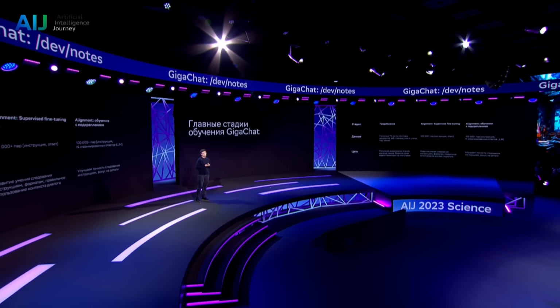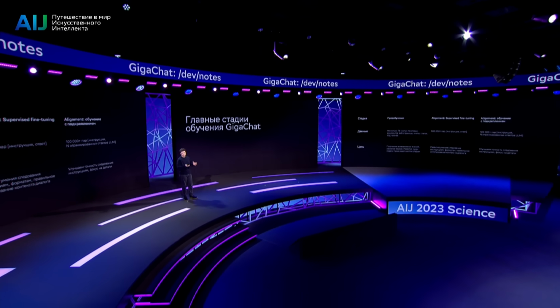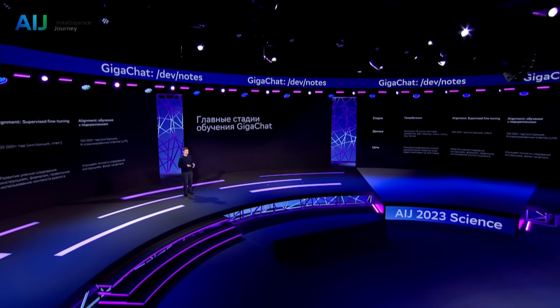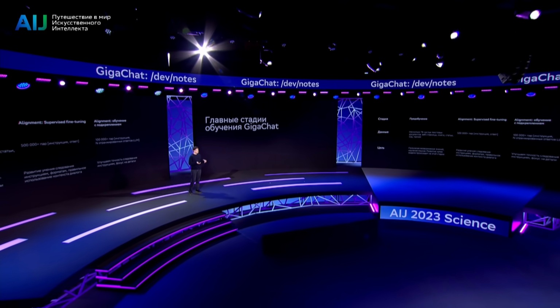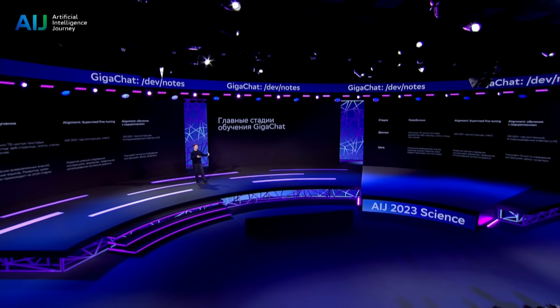I'm going to tell you how we developed this new generation of GigaChat. There are 3 main stages. I'm going to talk about the first one, and the second one is going to be covered by my colleague. Pre-training, that's the first stage. During this stage, we gather the documents from around the world. That's a digital footprint of humanity, basically. We train GigaChat to predict the following tokens in these documents.